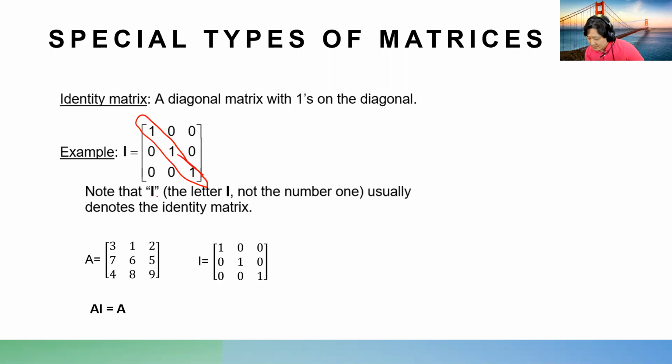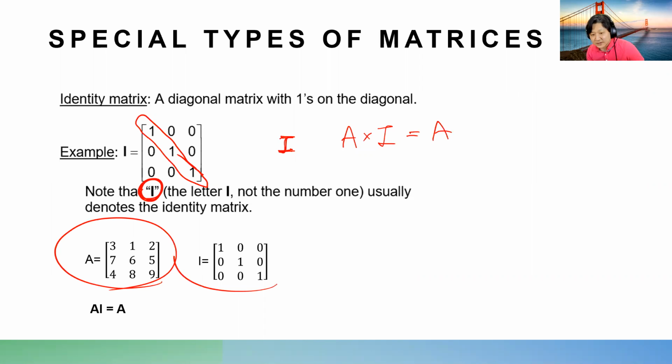The identity matrix is denoted by I. So if you multiply any matrix by the identity matrix, you get the same matrix. So for example, A matrix times the identity matrix is A. Okay, so in this example, this is the A matrix and this is the I matrix, right?